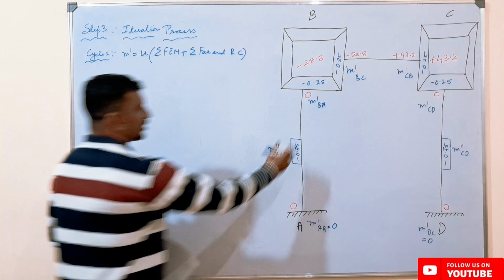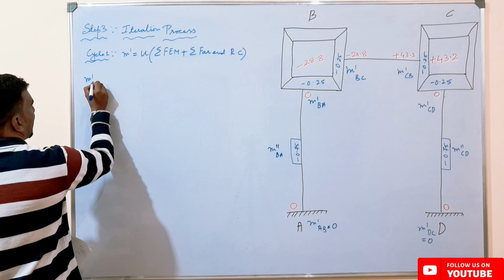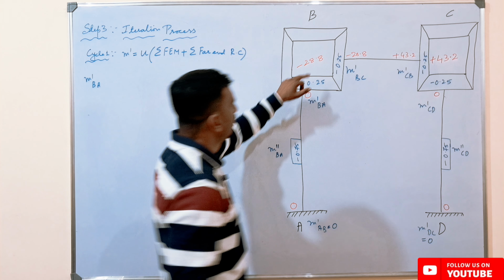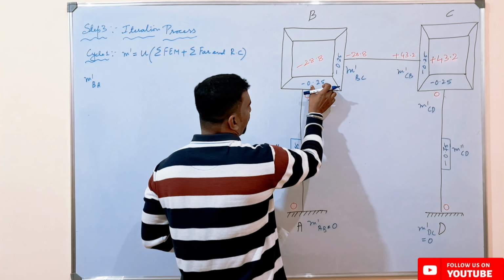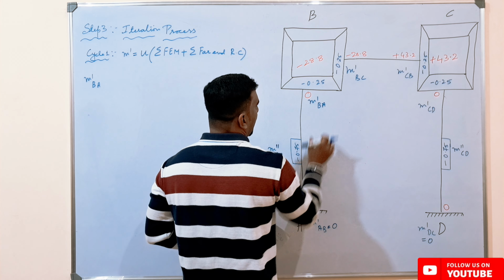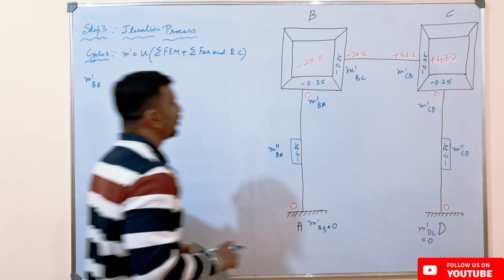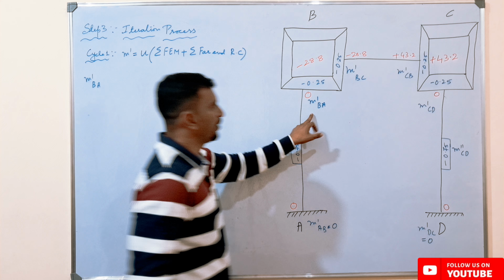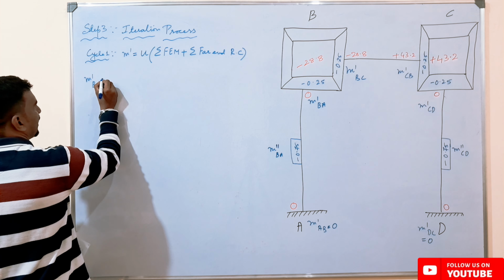So now if we just take M dash BA. If we observe at joint B, the rotation factor value from B to A and from B to C are identical. So the rotation contributions M dash BA and M dash BC will be identical and the same. So we can calculate them at a time.